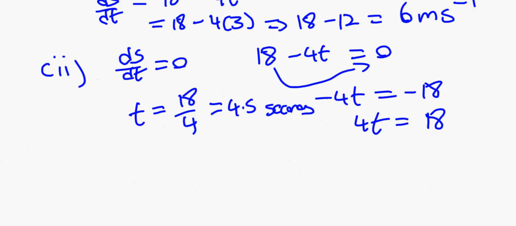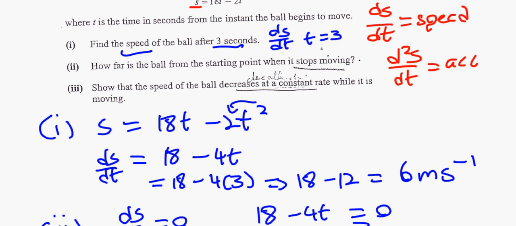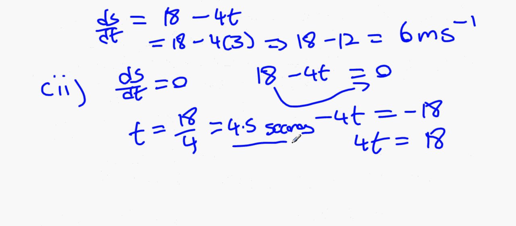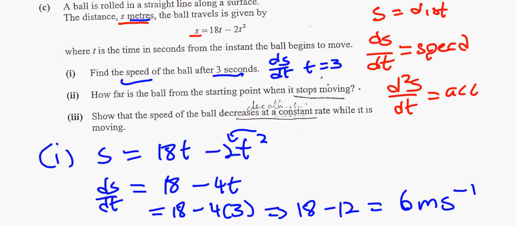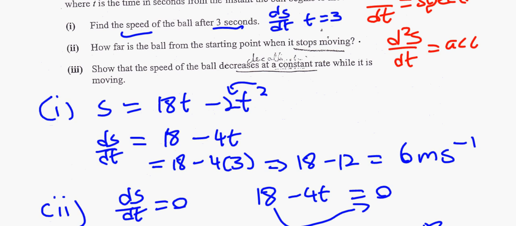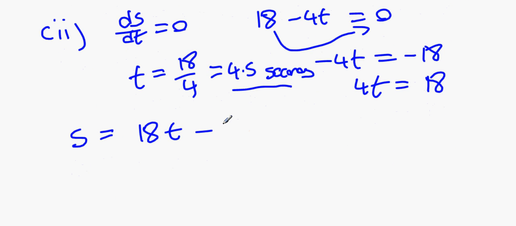Part 3. How far is the ball from the starting point when it stops moving? It takes 4.5 seconds for it to stop moving. So we have to see how much distance it covers in 4.5 seconds. The distance is equal to 18 times the time minus 2 times time squared. So it takes 4.5 seconds to stop.